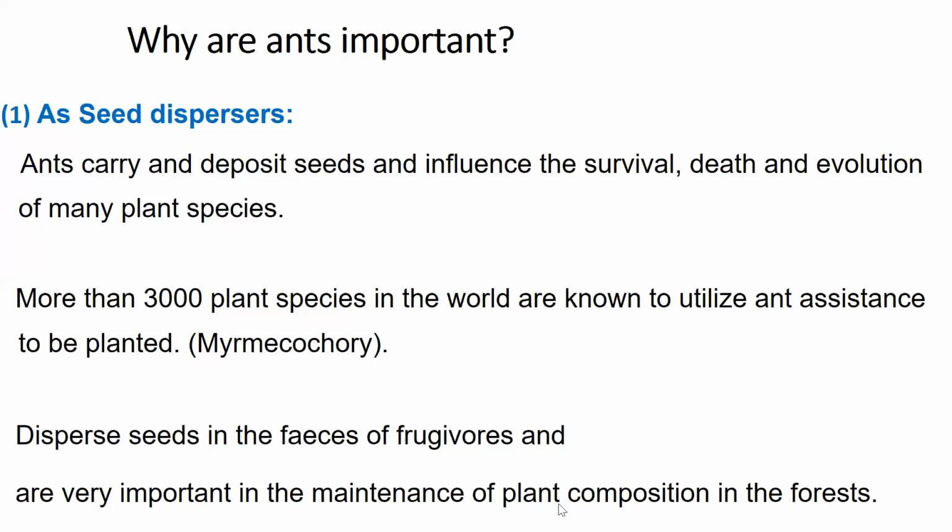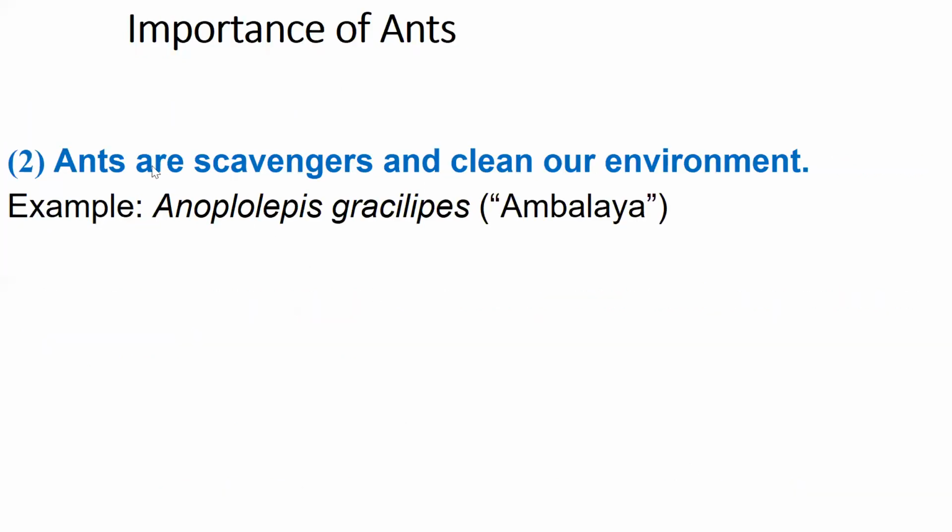There are many published papers, and also there's a book on this, on seed-dispersing ants. Very interesting. Then ants are scavengers and clean our environment. One example is Ambelea. We know that in many parts of Sri Lanka, Ambelea, Anoplolepis gracilipes, is a very common ant, both outside and inside.